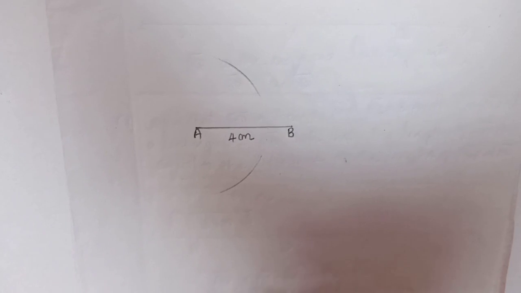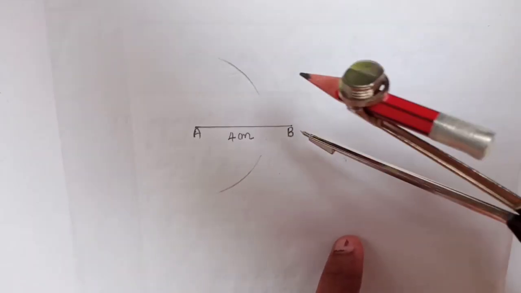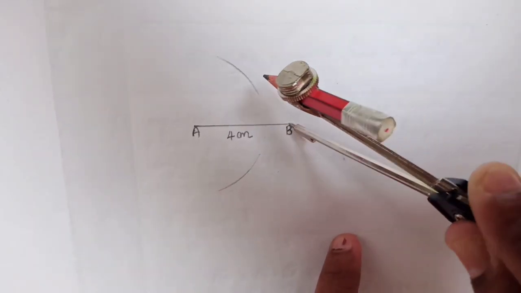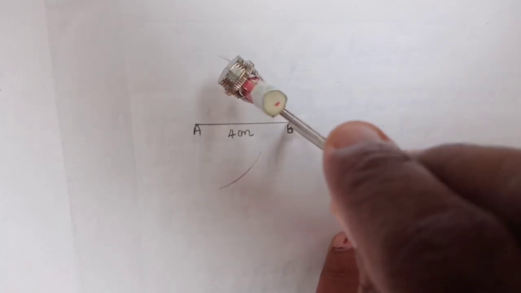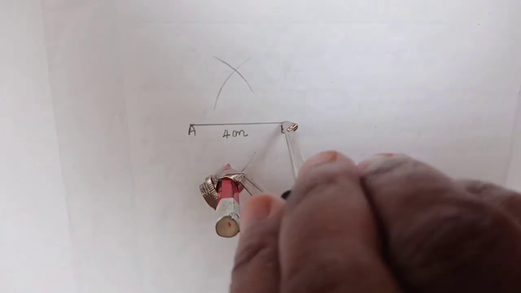The next step is by using the same radius with B as center, draw two more arcs which intersect the previous arcs.